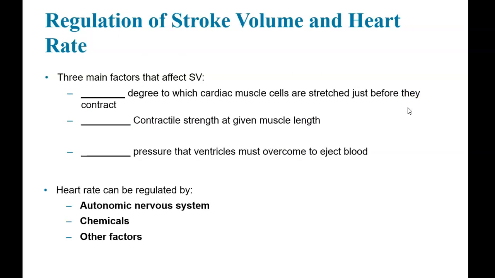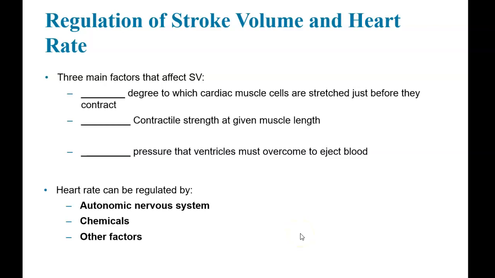The three main factors that affect stroke volume are preload. So this is the degree to which the cardiac cells are stretched just before they contract. Then there's contractility, which is the contractile strength at a given muscle length. And there's afterload, which is the pressure that the ventricles have to overcome to eject the blood.